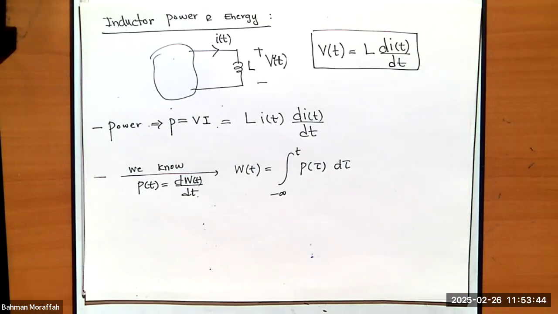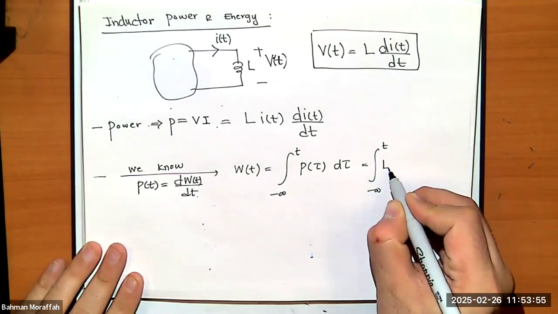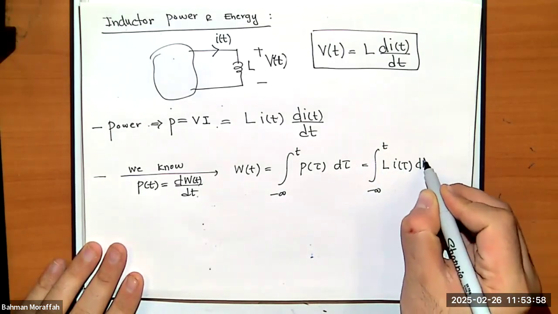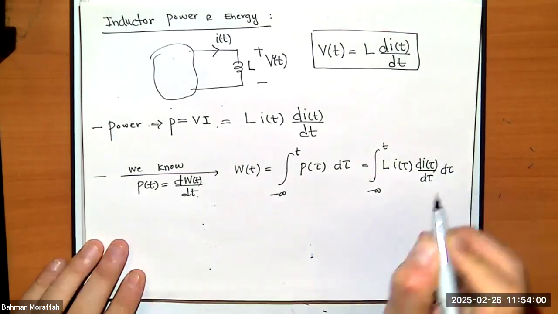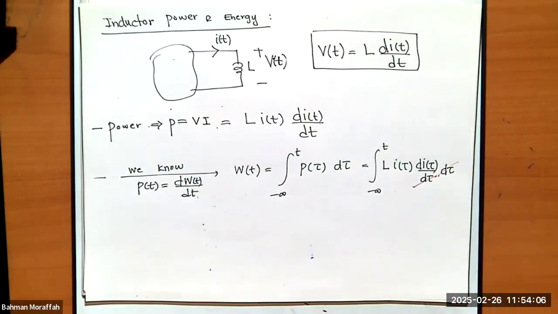Right? Well, what is p? We already computed it as L i di/dt. So I have the integral from minus infinity to t of L i(tau) di(tau)/d tau d tau. So this d tau and d tau cancel. What I have here is the integral from minus infinity to t of L, which is a constant, I can pull it out, i(tau) di(tau). Again, if I call this i(tau) x, I have the integral of x dx.